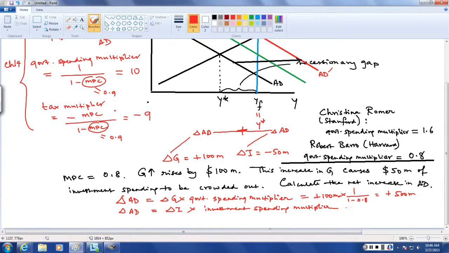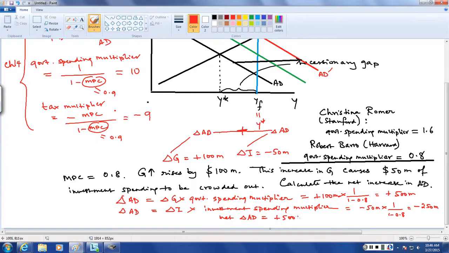What is this equal to? Minus 50 million times, again, what's the value of the investment spending multiplier? Same as the government spending multiplier, correct? Minus 250 million. So what's the net change in AD?